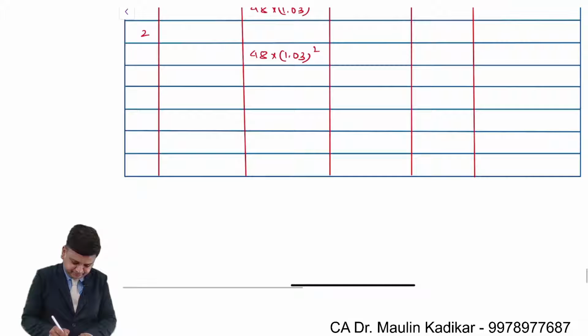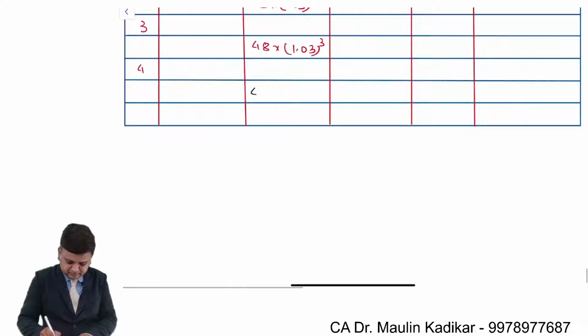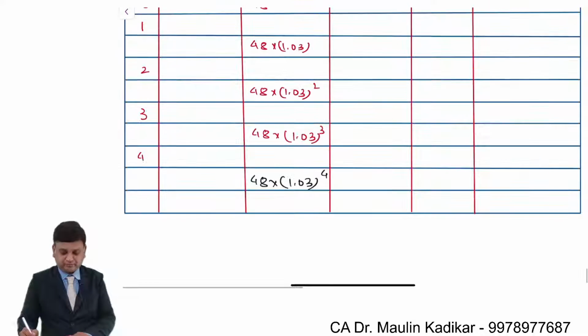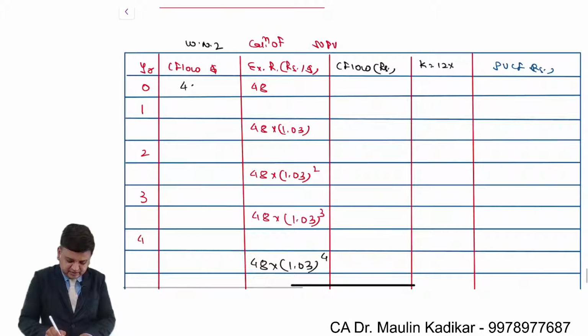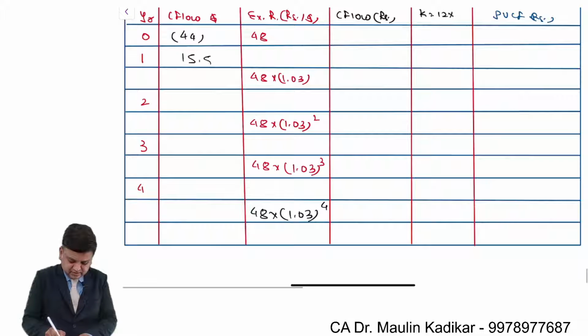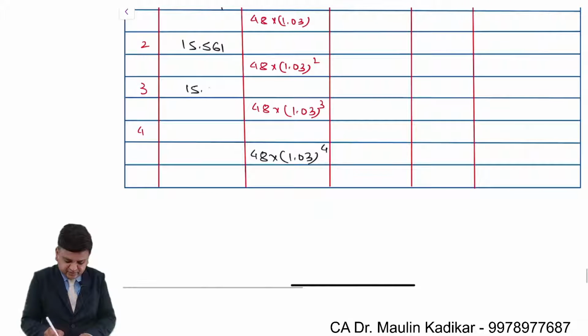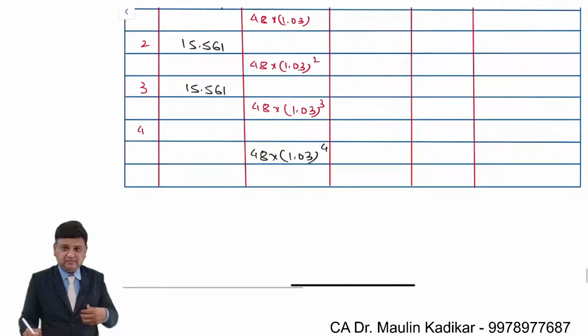So third year and fourth year, it is 48 into 1.03 raised to 3, and 1.03 raised to 4. So it is 44 million, 15.561, 15.561, 15.561, and last year it is 47.88.